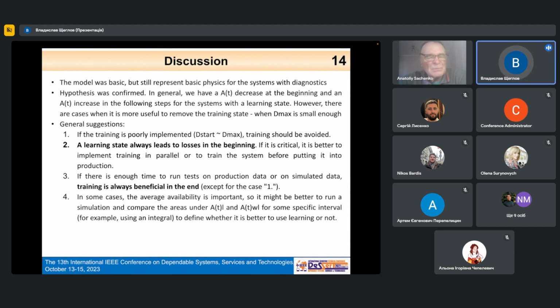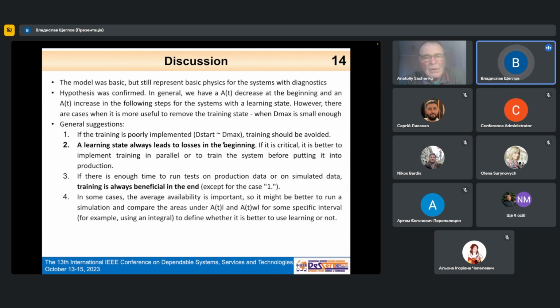Yes. So the impact is that first of all we confirmed the hypothesis that we formulated before. That means that in most cases, learning capability in diagnostics is profitable, but there are edge cases, and we added suggestions for these edge cases when learning should be avoided or should be done in a slightly different way.